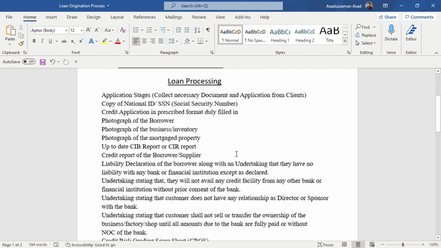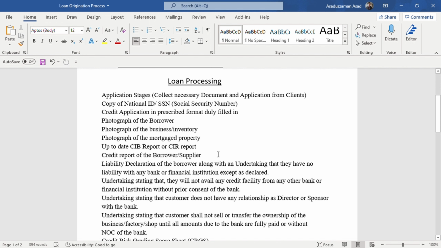Then, as a loan officer, you will have to analyze the whole documentation and verify whether the document is valid or not. If the whole document provided by the borrower is valid by analyzing the whole document, then the documentation or loan application procedure will be accepted.